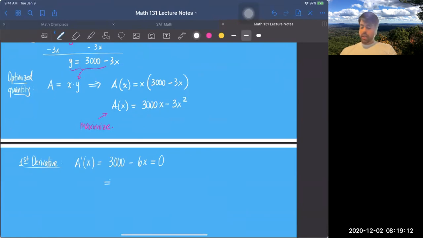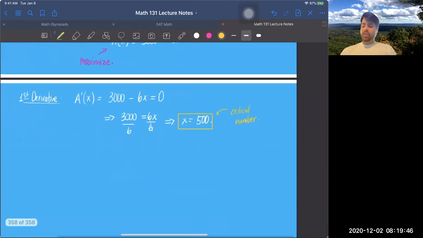So then I get 3,000 equals 6x. Then divide by 6 on both sides, and what do I get? I get that x equals 500. So that's what the x will be. And again, this is my critical number.